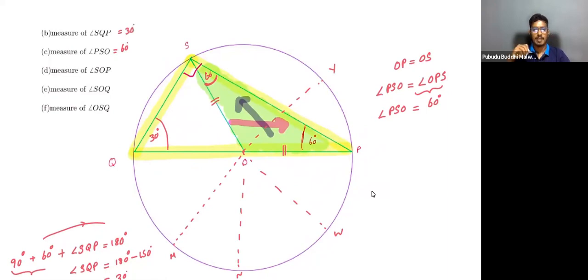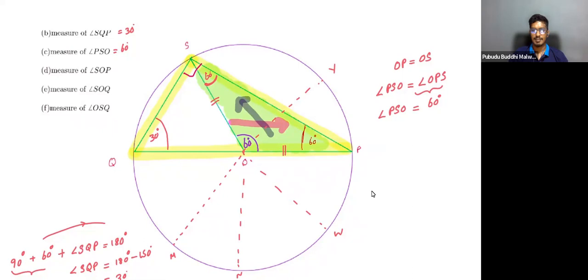Then we can easily compute SOP using the same triangle, because we just have one unknown angle. I'm talking about that triangle. You can compute this one because the sum of interior angles equals 180. Now we have 60 and 60, so the other angle should also equal 60. In other words, quite interesting, that's an equilateral triangle, 60, 60, 60.